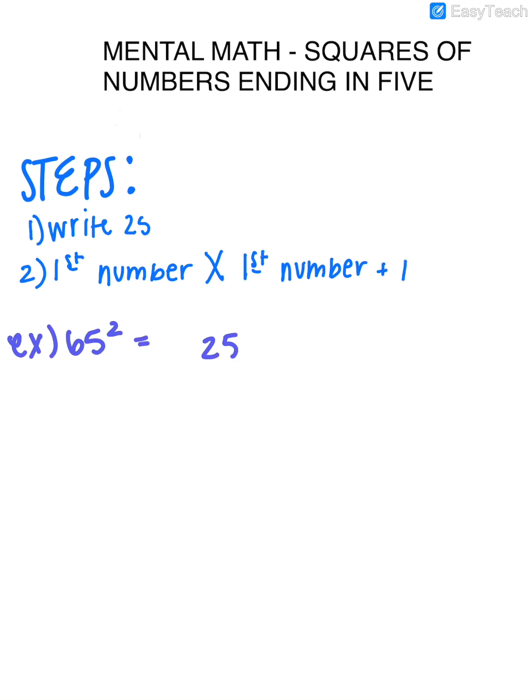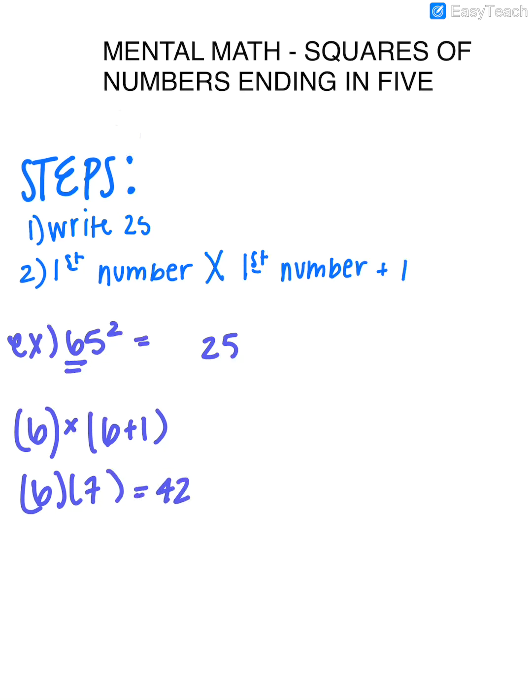And then you're going to take the first number, and in our case, the first number is 6, and you're going to do times the first number plus 1. So it's going to be 6 times 6 plus 1, which is 6 times 7, which is 42. So your answer is 4,225.